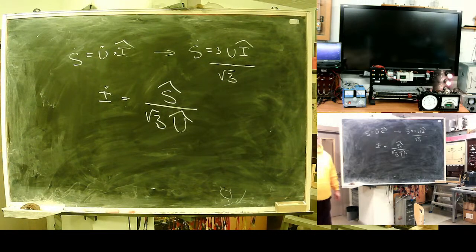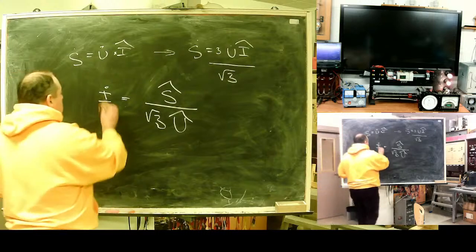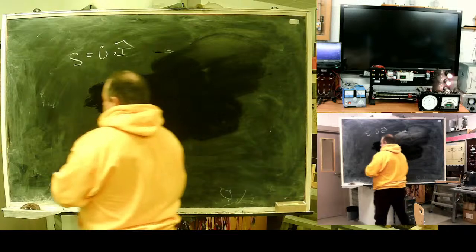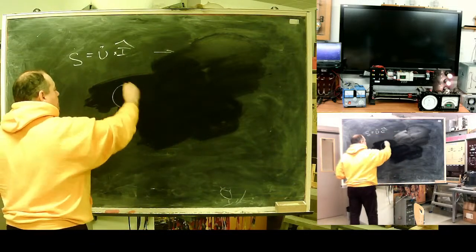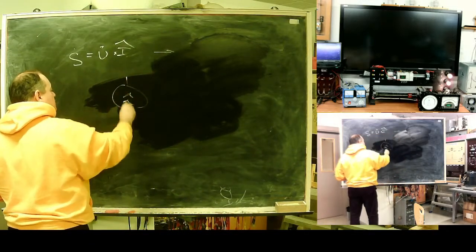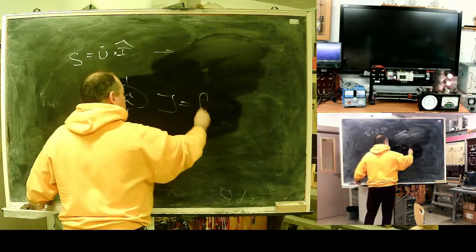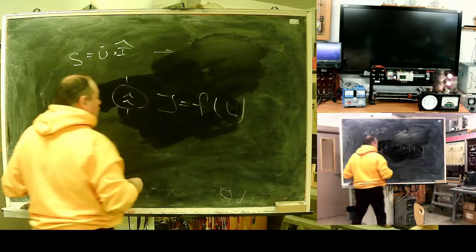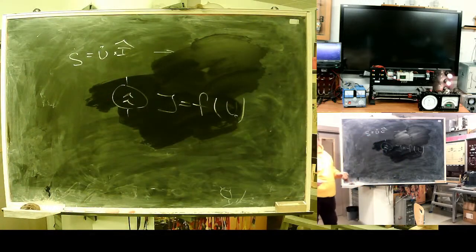I want to do a trick. What kind of trick? I would like to implement the control system as a controlled voltage source. I will use a controlled current source, where current is a function of some control voltage. Okay? What's the idea?